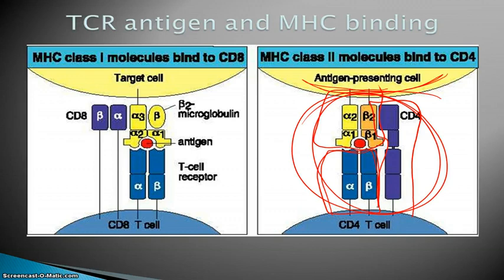In the rest of the body, we have all of those nucleated cells. If this is any nucleated cell, let's just say it's a kidney cell. So this kidney cell, because it's any nucleated cell, has an MHC class I receptor. So here's our MHC class I receptor.